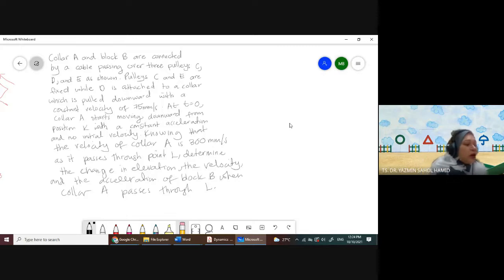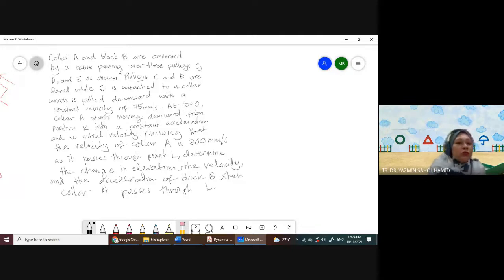Okay. Collar A and block B are connected by a cable passing over pulley C, D, and E as shown. Pulley C and E are fixed while D is attached to a collar which is pulled downward with a constant velocity of 75 millimeter per second.